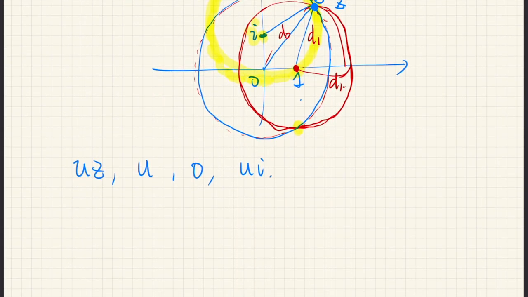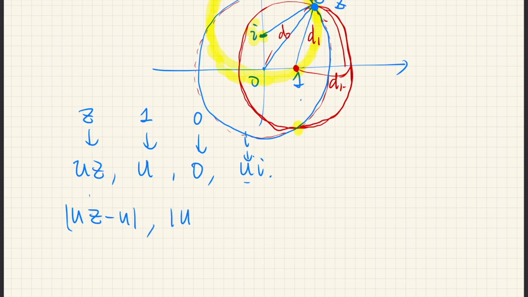So z is transformed to this point, 1 is transformed to this point, 0 doesn't change, and I is transformed to this point. The corresponding distances will be uz minus u, uz minus 0 and uz minus ui.